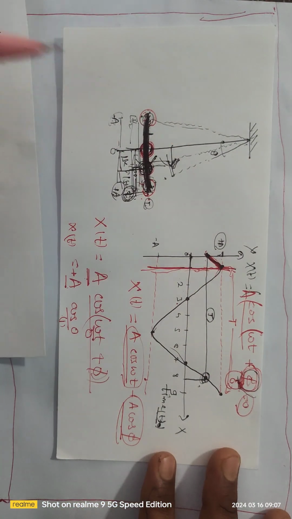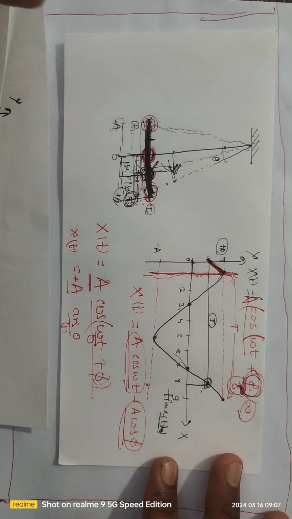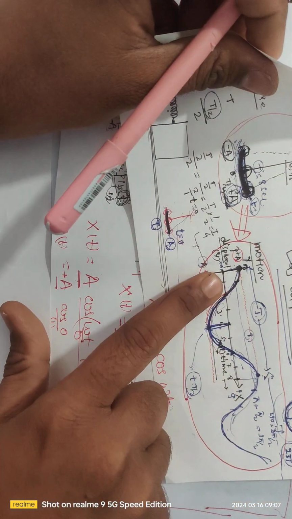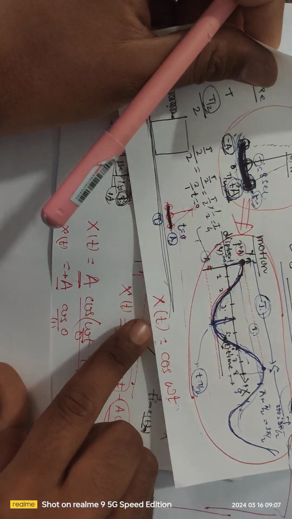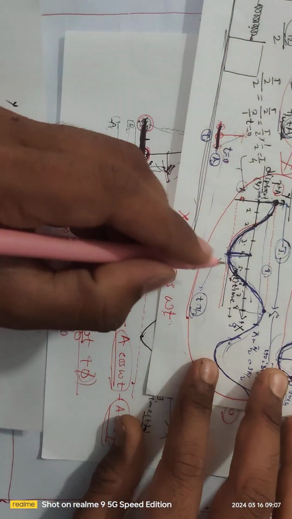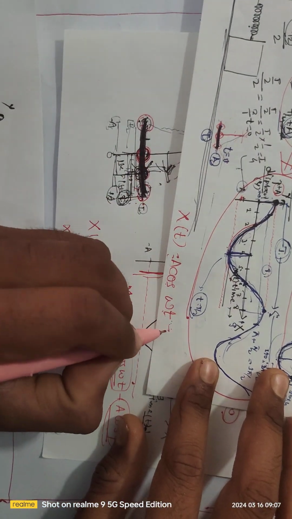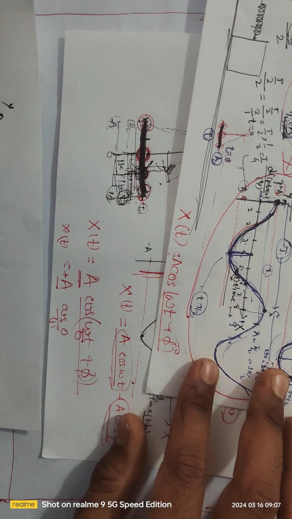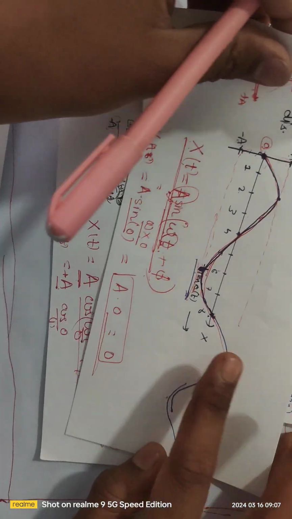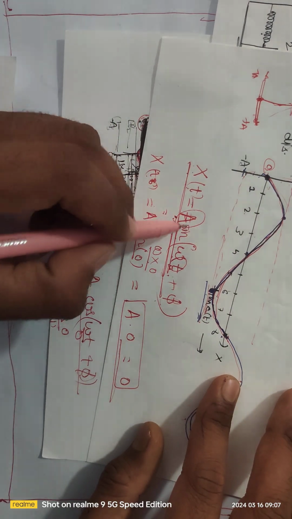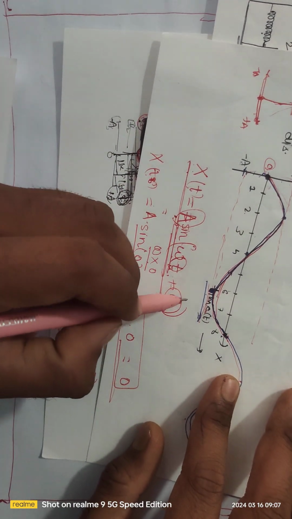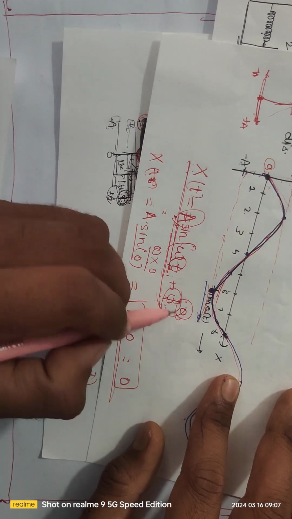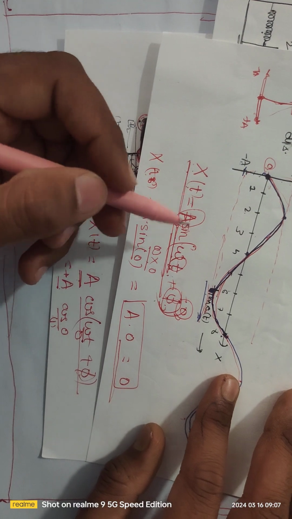So in these two cases, a cos(omega t plus phi), the value of phi will become 0, and in x(t) equal to a sin(omega t plus phi), the value of phi will also become 0.